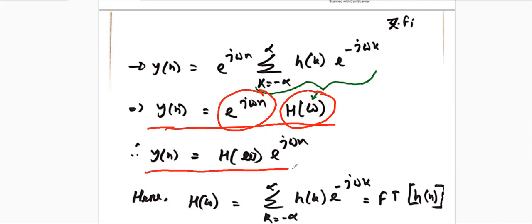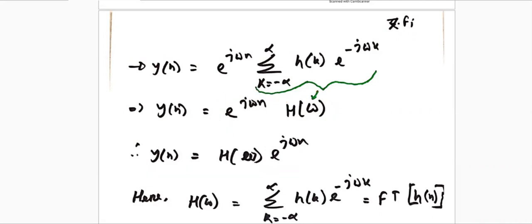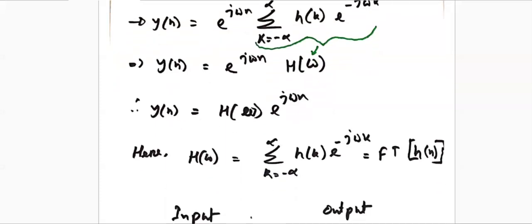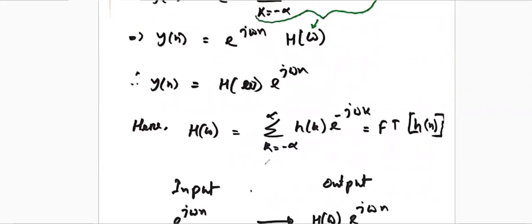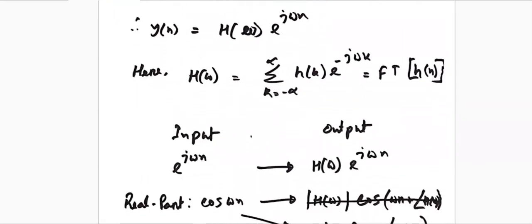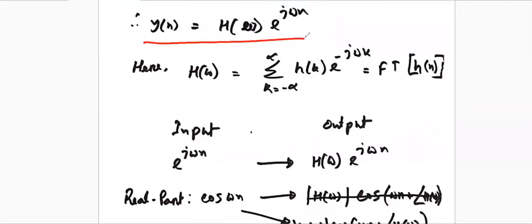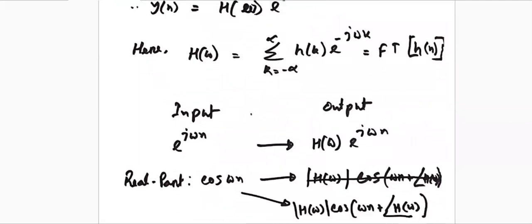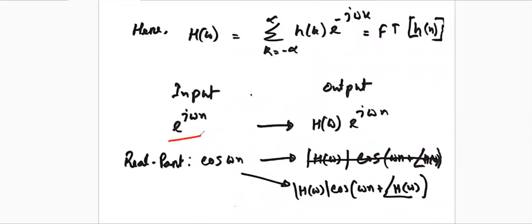So we got this output. It is explained here why we have written it like this. So from this concept, if the input is like this, the output should be like this.